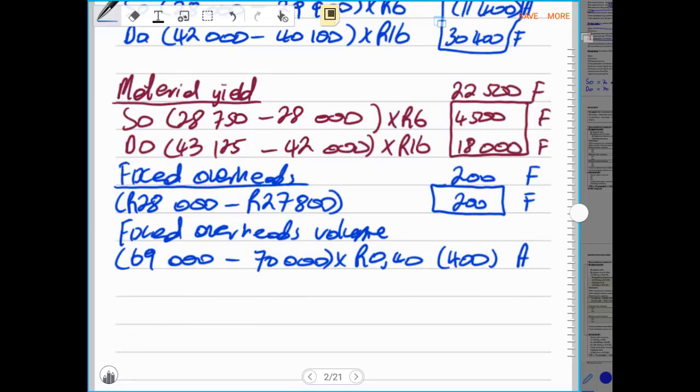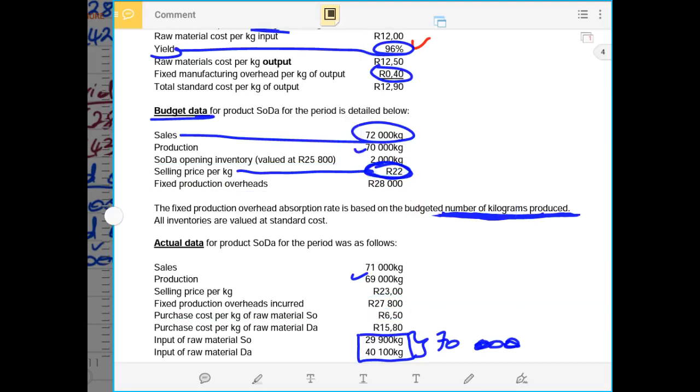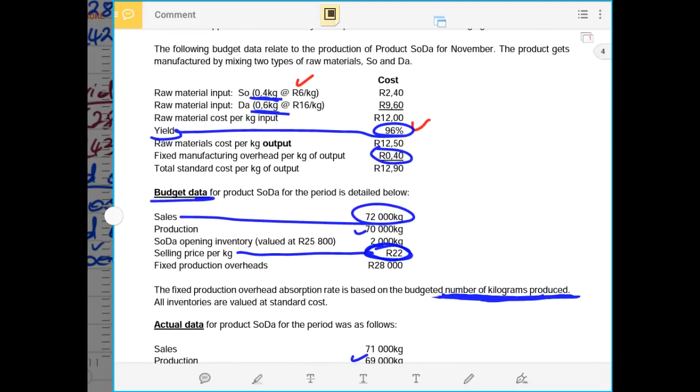Our budgeted was 70,000, but we ended up producing 69,000. You can say budgeted production minus actual, or actual minus budgeted, as long as you know the meaning of the variance, because in this case we wanted to manufacture 70,000. So if we produce less than what we wanted, that is unfavorable for the company.